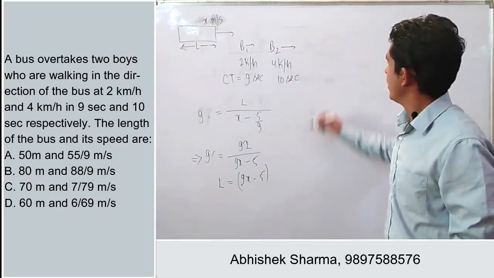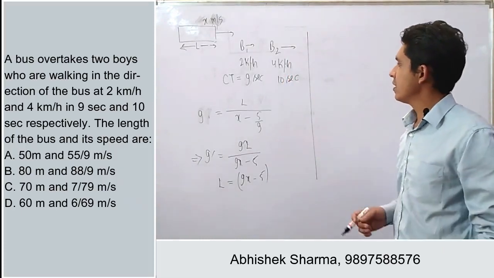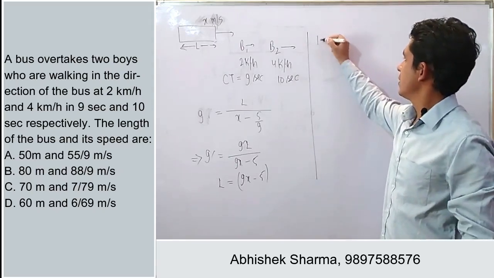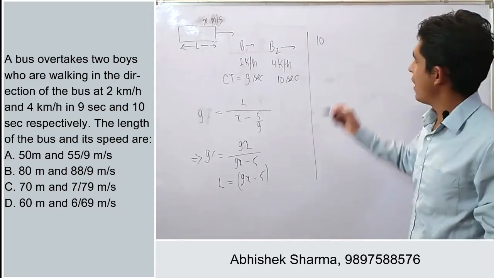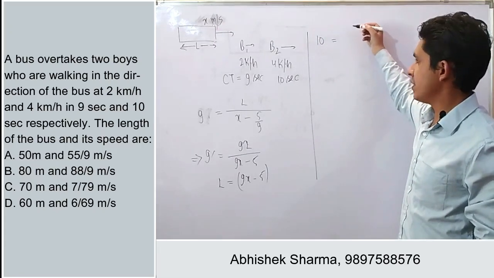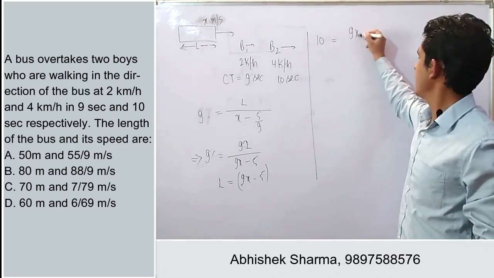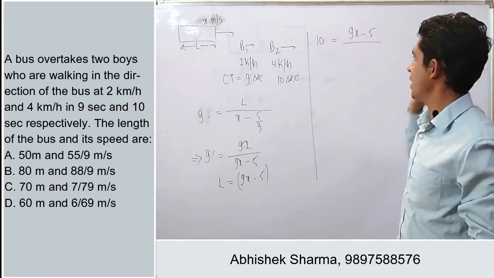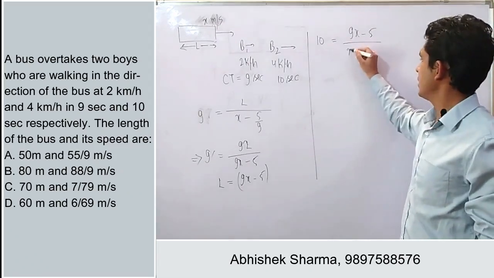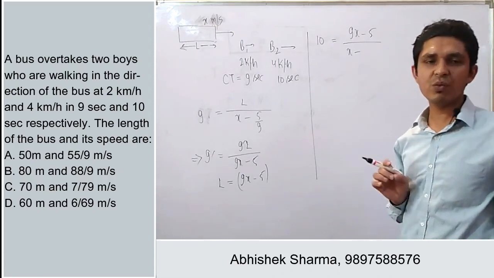Okay, let us calculate the crossing time the second time. The crossing time for the second boy is 10 seconds, and the total distance will be the length of the bus, that is 9x minus 5, divided by the relative speed. This will be x minus the speed of the second boy, that is 4 km per hour.